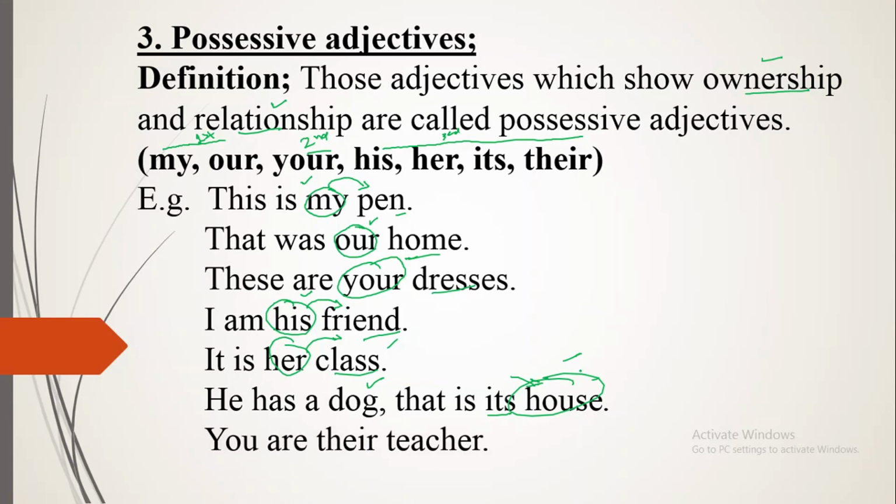Okay, you are their teacher. Their is a possessive adjective, again adding something to the meaning of teacher and showing relationship. So those adjectives which show ownership and relationship are called possessive adjectives: my, our, your, his, her, its, and their.